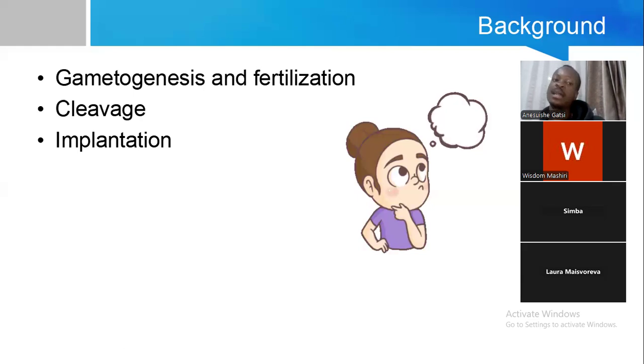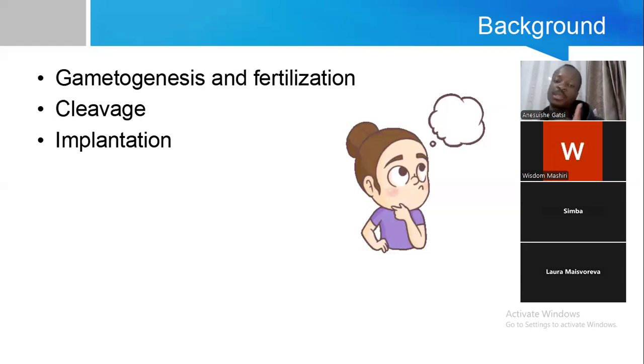Then after you've had implantation, remember that the blastocyst will have an inner cell mass and an outer cell mass. The outer cell mass is the one that in the second week of development will form your syncytiotrophoblast and the cytotrophoblast. Then the inner cell mass will give rise to the epiblast and the hypoblast, right?